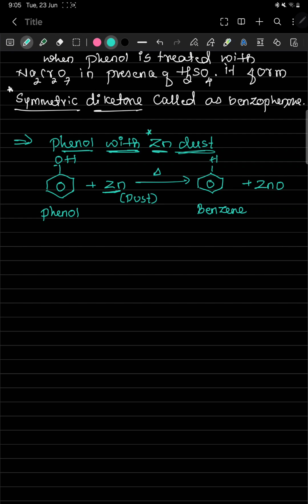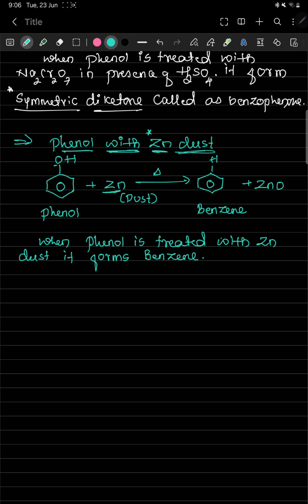When you write the explanation, you can easily write: when phenol is treated with zinc dust, it forms benzene. So this will be your explanation, and this reaction also carries a very important 2-mark question.